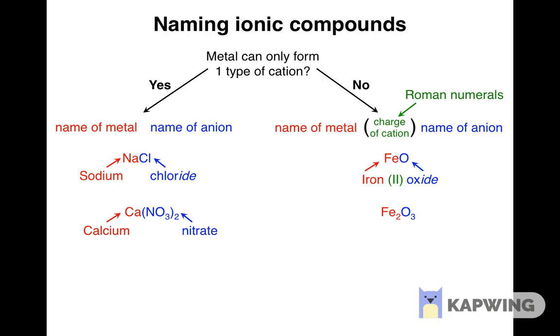For the second compound, Fe2O3, the empirical formula tells us that the number of oxygen atoms is 1.5 times the number of iron atoms, 3 oxygen atoms to 2 iron atoms.